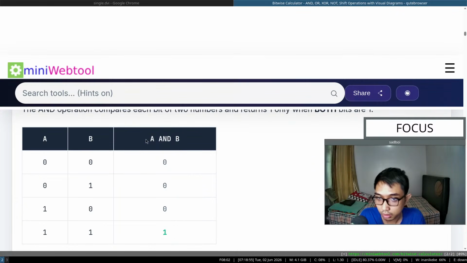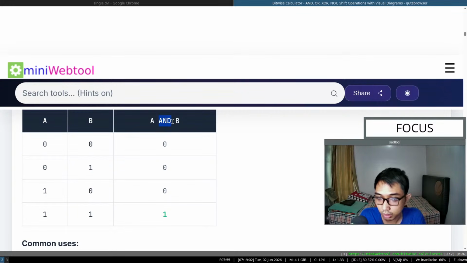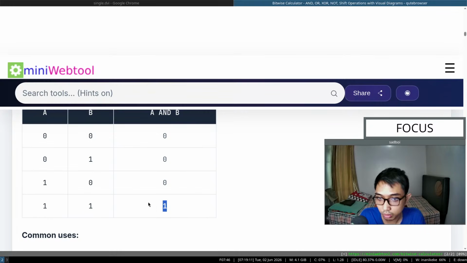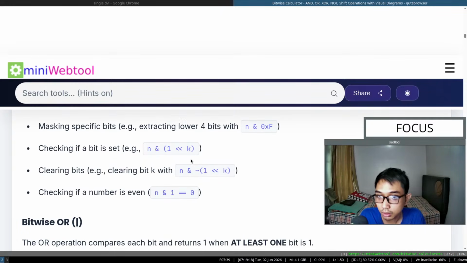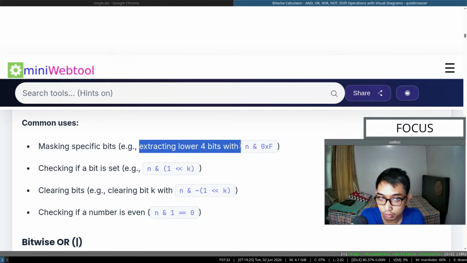This is the AND, right? If it is AND bitwise operation, all the components need to be 1 to be able to result in 1. Other than that, it is 0. Masking specific bits. Okay, extract the bits, right?